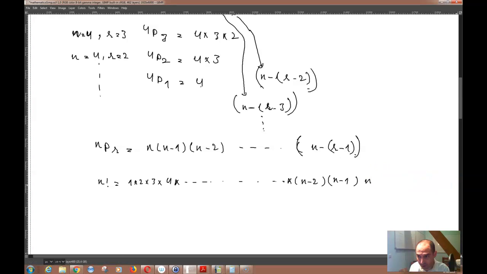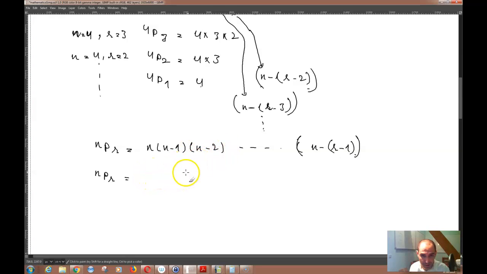I'm going to write it the other way around, meaning that I'm going to write n permutation r as, of course, I start from the smallest value over here multiplied by all the other terms.